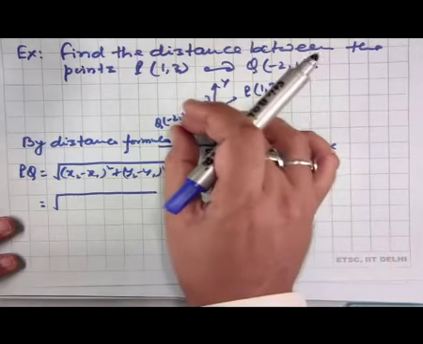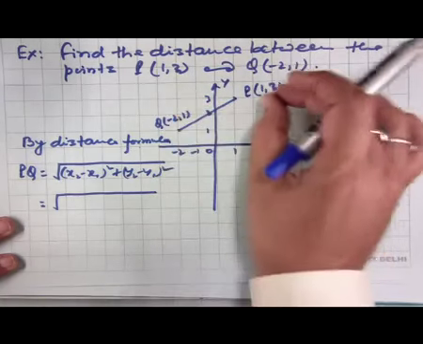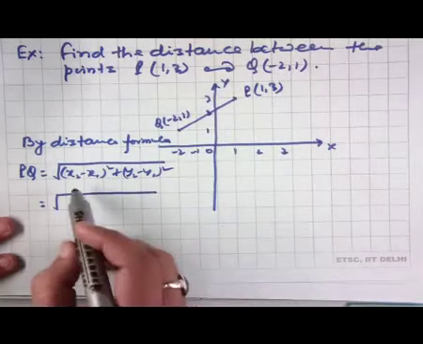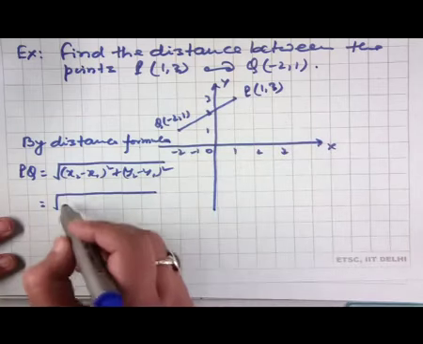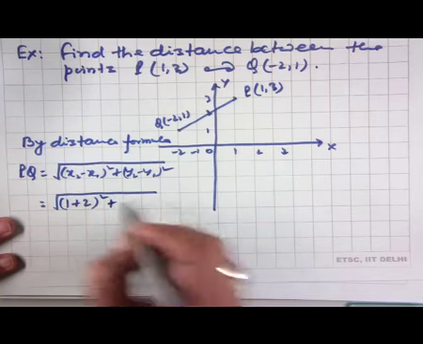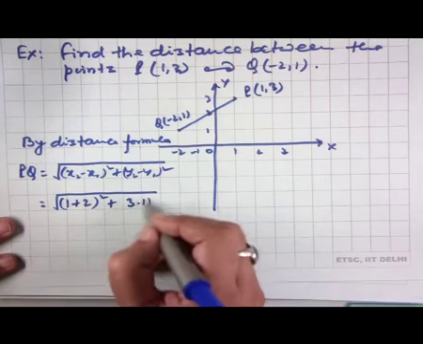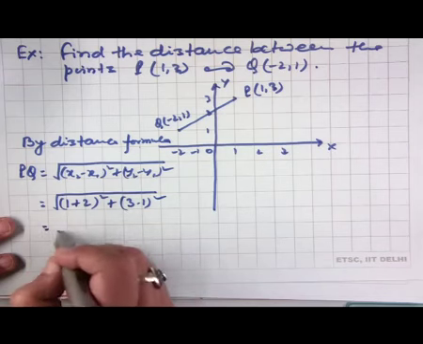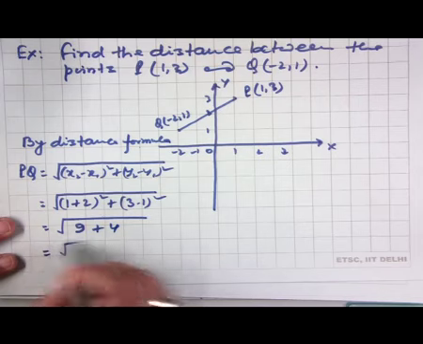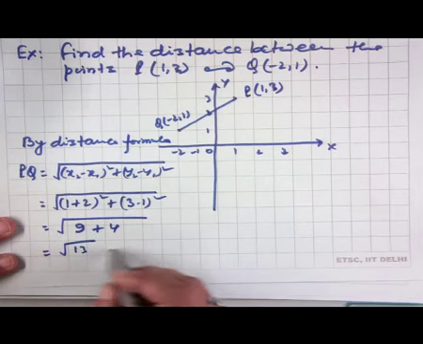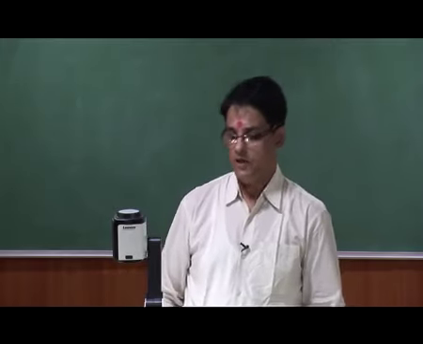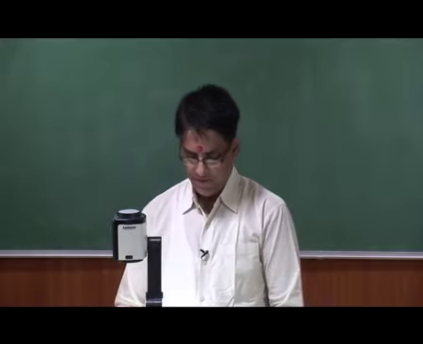Either you take this as the first coordinate and this as second, or the other way, no problem. So (1 plus 2) whole square plus (3 minus 1) whole square. This is 9 and this is 4. So root 13 unit. In this way we can use this formula for different purposes.